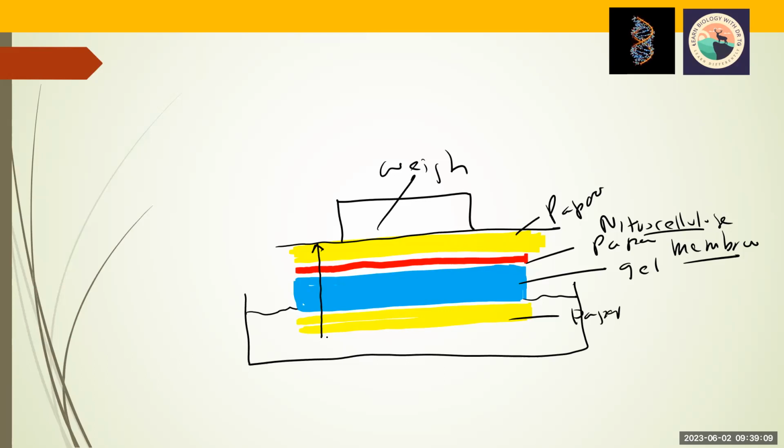Then from high water potential to low water potential, the water is moving, and when the water is moving by capillary action, the DNA molecule in the gel can also move and attach to the nitrocellulose membrane. Because nitrocellulose membrane is positively charged, DNA is negatively charged.